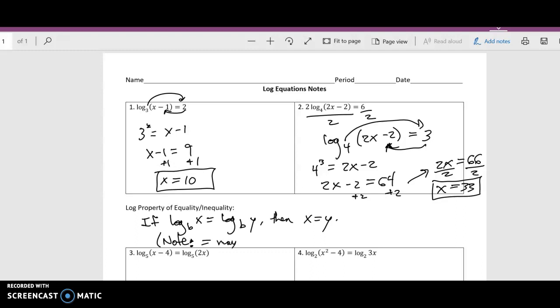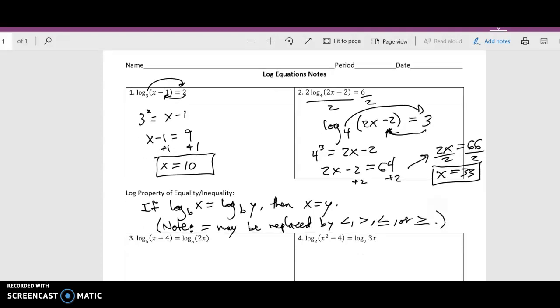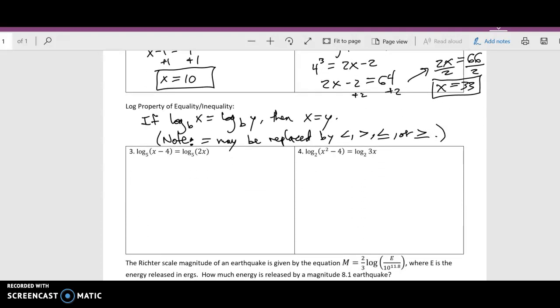Equals may be replaced by less than, greater than, less than or equal to, or greater than or equal to. So this statement is true for any of these symbols, right? Not just equals.